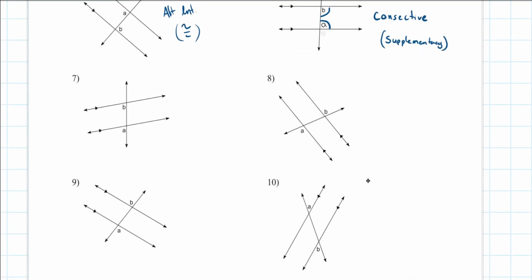Okay, next one. 7. They're not both on the outside, so it's not alternate exterior. They're not both on the inside, so it's not consecutive or alternate interior. It looks like it starts here, skips one, and jumps to the next. So this must be corresponding again.